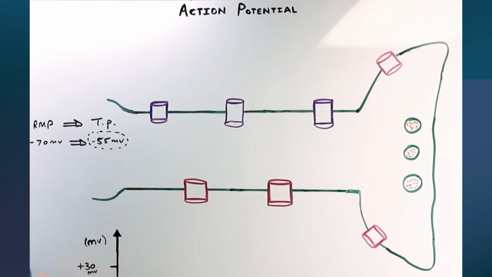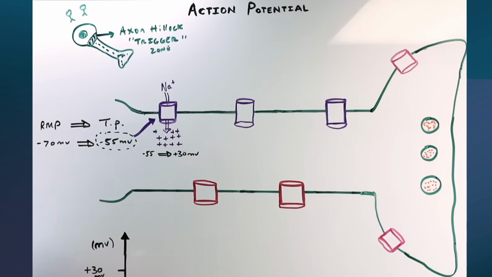What do we have here? It's not depicted in the picture, but we have marked in purple our ion channels that will be letting sodium in. And why will we be letting sodium in?